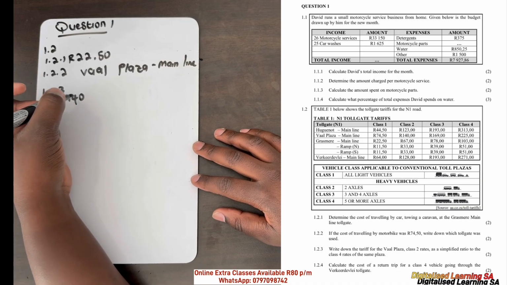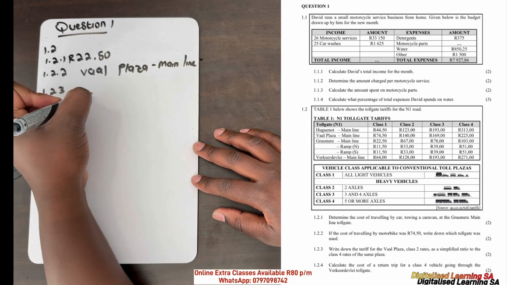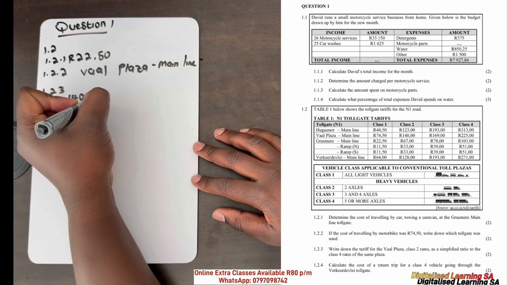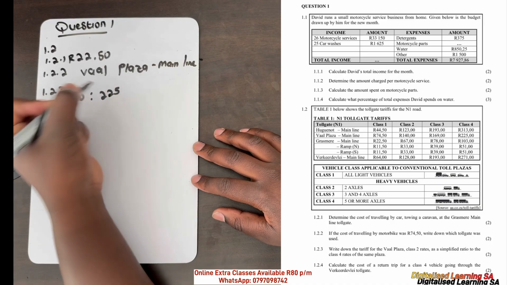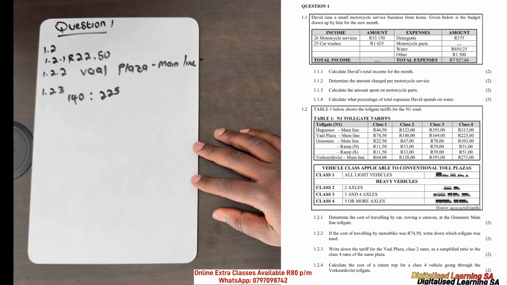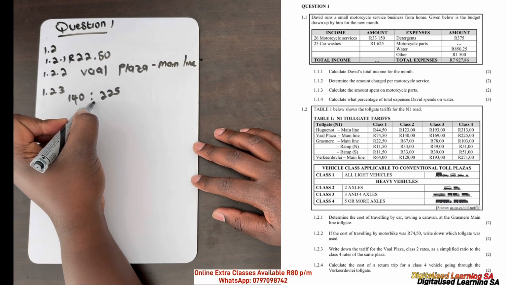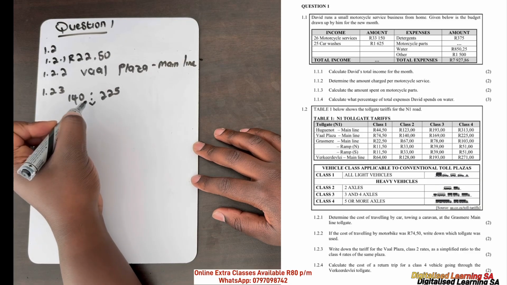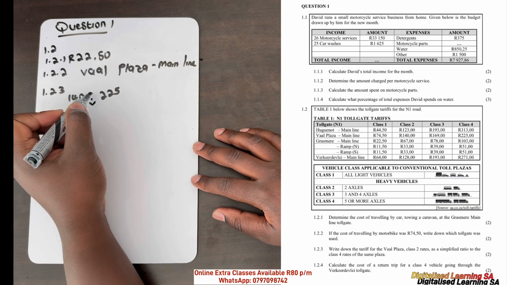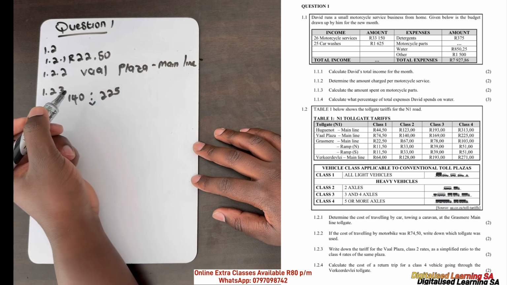So we are writing class 2 Val Plaza and then class 4. If we go to class 4, we can see that it costs 225. So once we are told to write something as a ratio, don't forget these 2 dots that come in the middle.